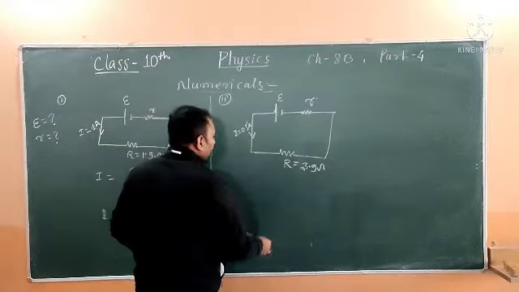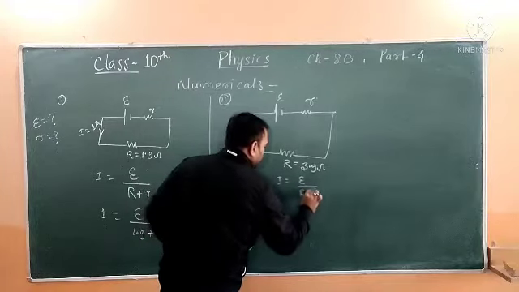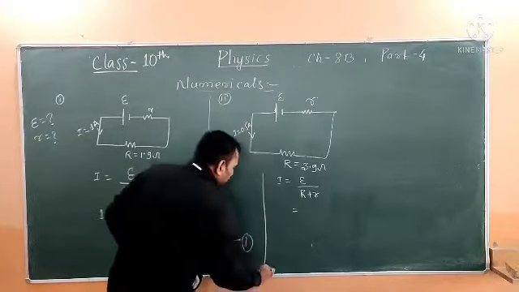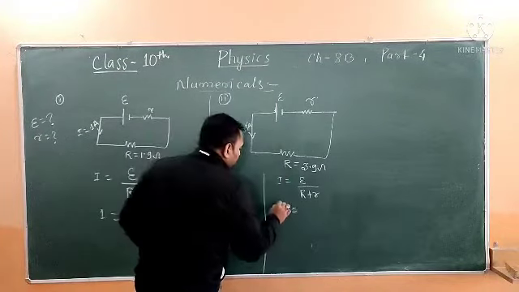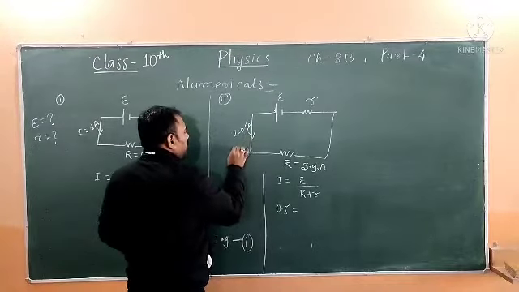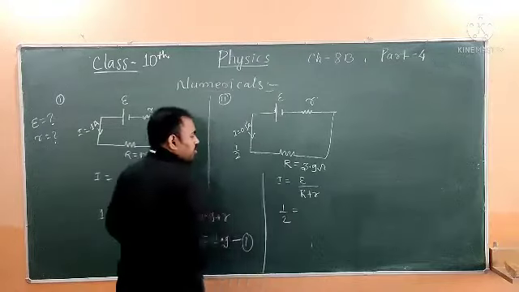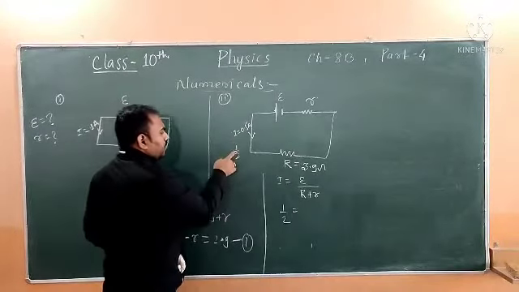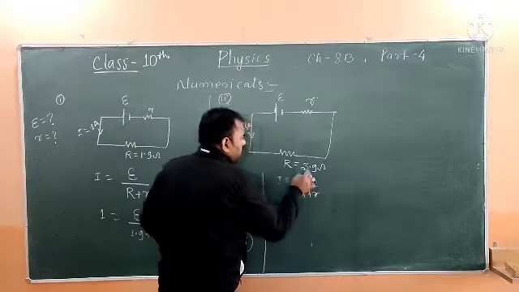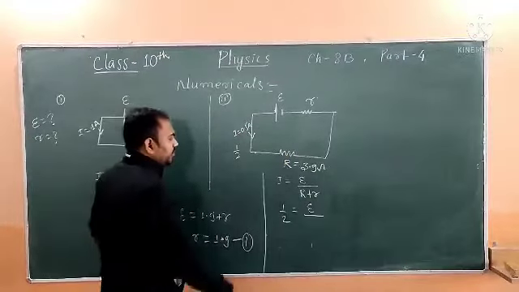Similarly, you find another equation. I is equal to E upon R plus small r. So here you put the value of I as 0.5. You may write it as 0.5 or 1 upon 2, both. I have written 1 upon 2. We don't know E, we have no idea about it.